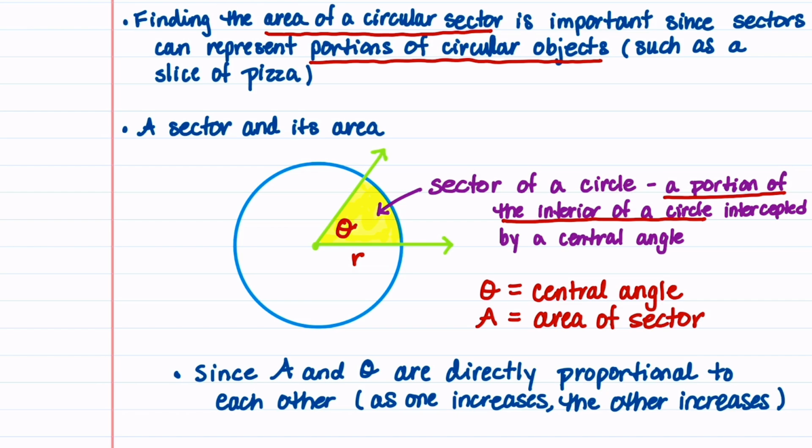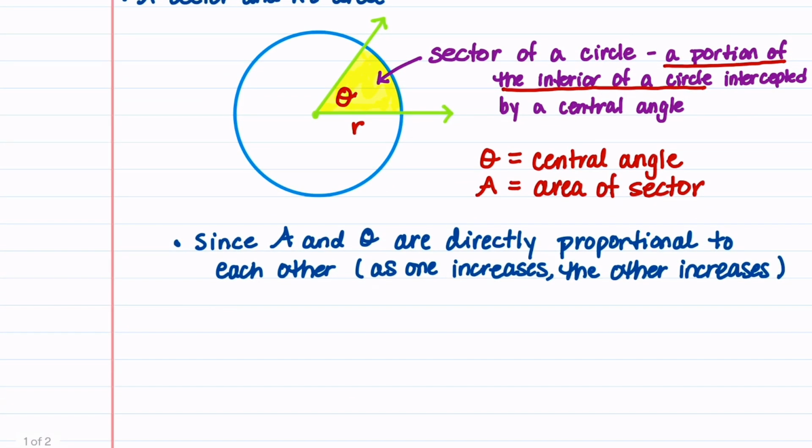The A, or the area, is highlighted in yellow. A and theta are directly proportional to each other, which means as one increases, the other increases. So for instance, as our angle increases, our area is also going to increase.